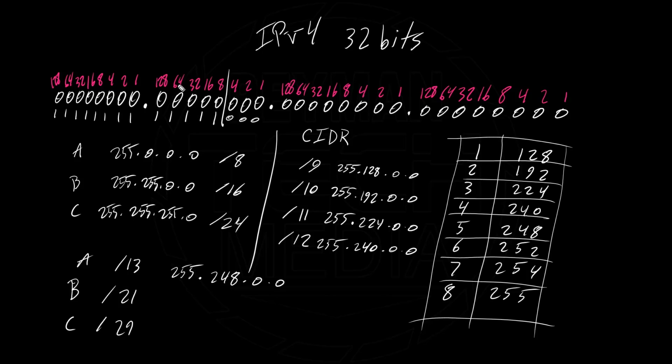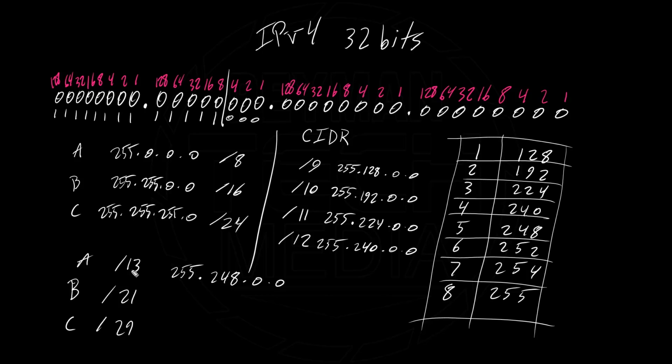And here we have 128 plus 64 plus 32 plus 16 plus 8, so that's 248 on the second octet. You see, 5 bits borrowed because, again, the default subnet mask for A is 8. Now it says 13. We know this is a classless subnet mask. It's not a default subnet mask.